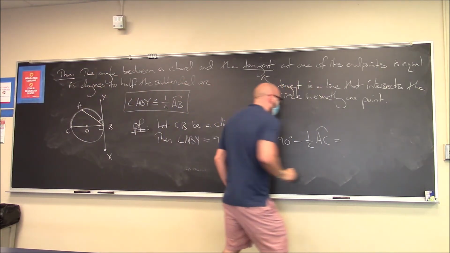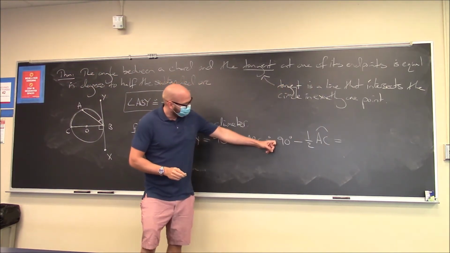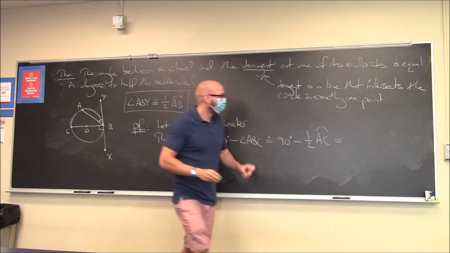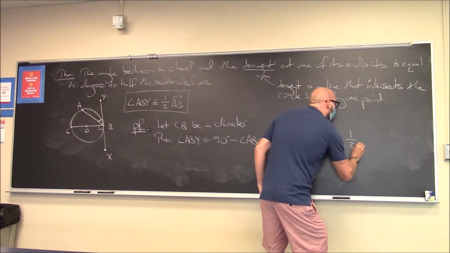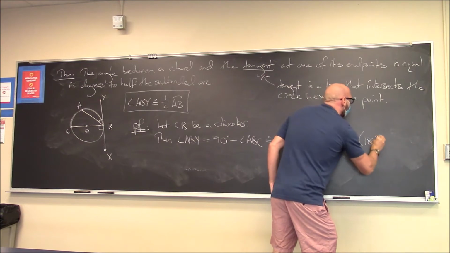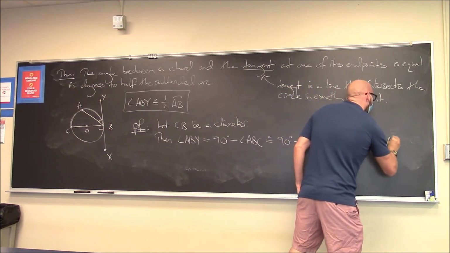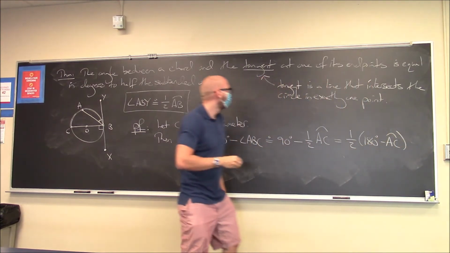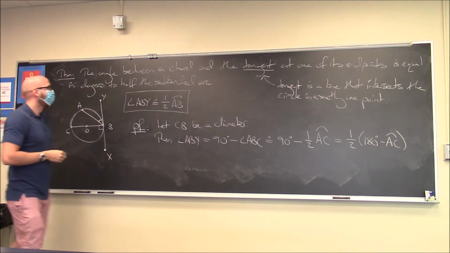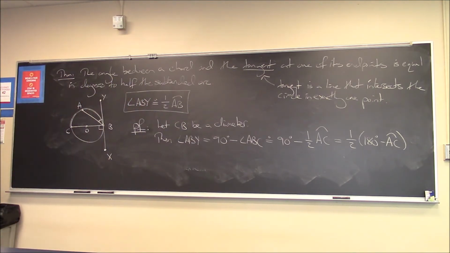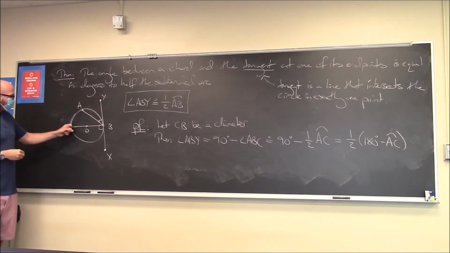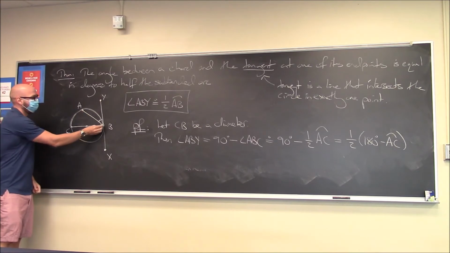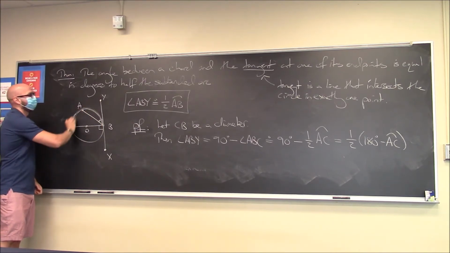One more. Let's factor out 1/2 from this expression. So this would be 1/2 times 180 minus AC. What's 180 degrees minus AC? Well, this is 180 degrees, right?